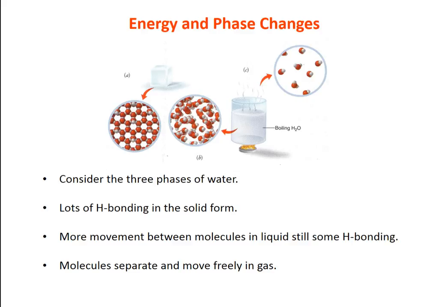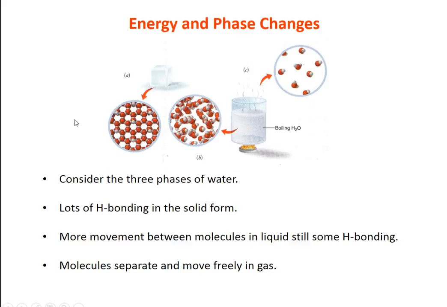So the water molecules are strongly attracted to each other, so they stay in specific positions, in a specific solid structure with air spaces in between them. So the hydrogen bonding is responsible for the solid structure of ice.